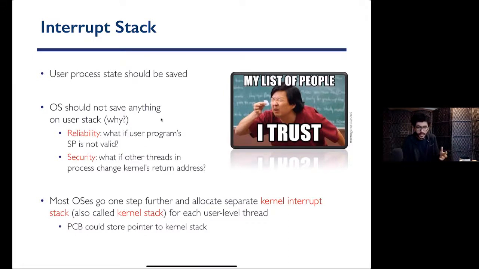Some operating systems, as I said, have only one big kernel stack for all threads, and some operating systems, most of them, and the one that you're going to implement, have a separate kernel stack per user thread. This kernel stack is used every time that particular user thread gets interrupted, calls a system call, or an exception happens.